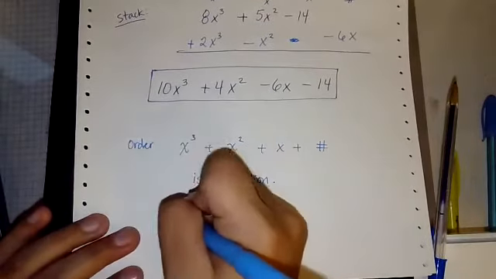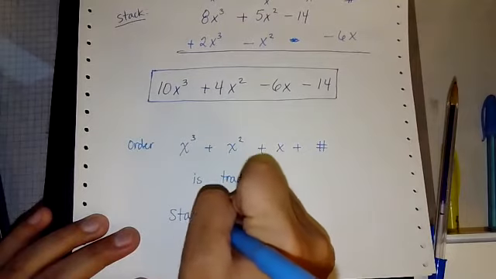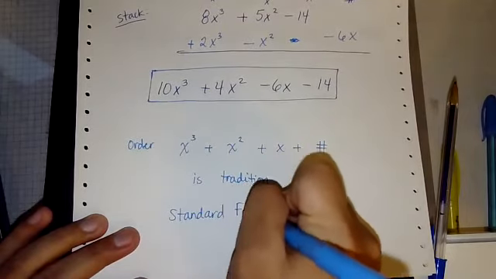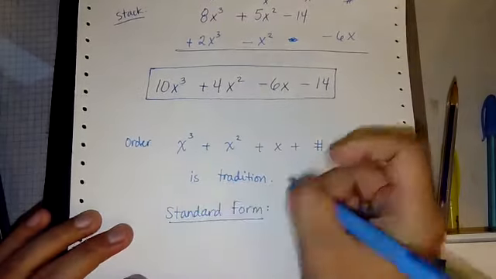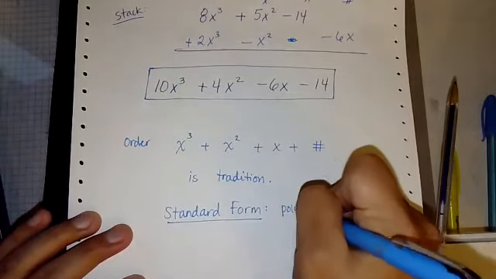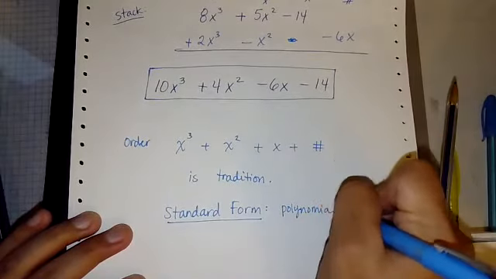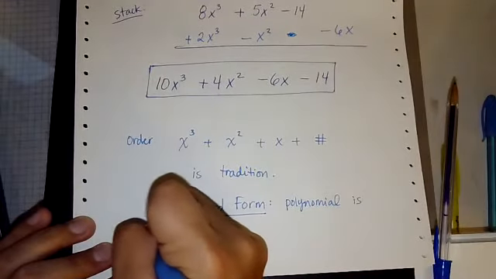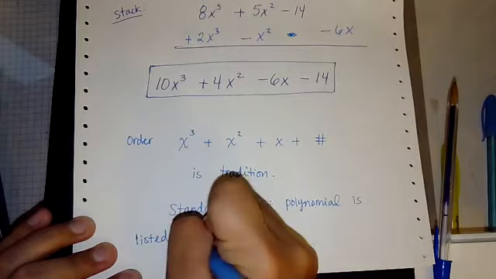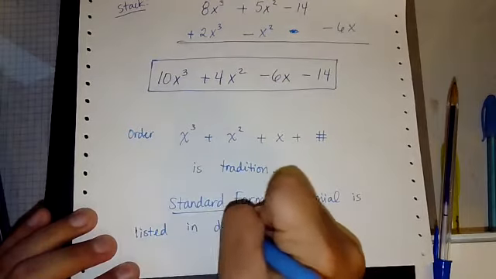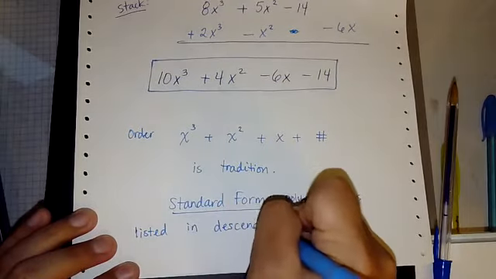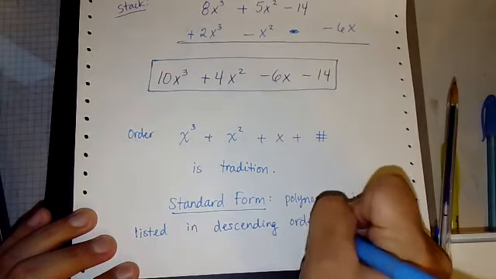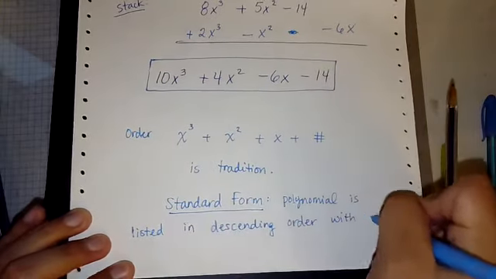So we call this standard form. Standard form is when the polynomial is listed in descending order with respect to the exponents.